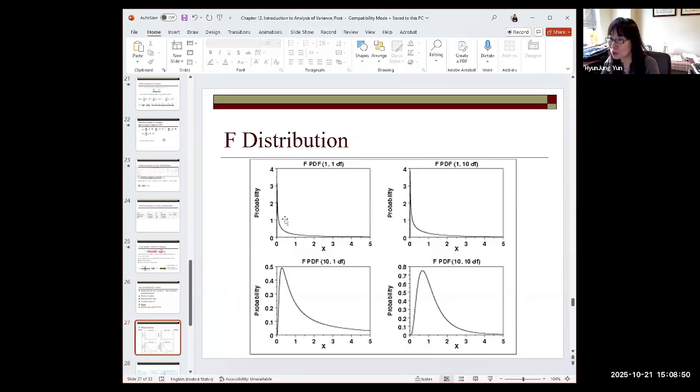As you increase the sample size, it slowly converts to something not exactly a normal distribution, but somewhat like it, clustered up near one, and it gets closer to a normal distribution as the sample size grows. So that's how the F distribution looks.